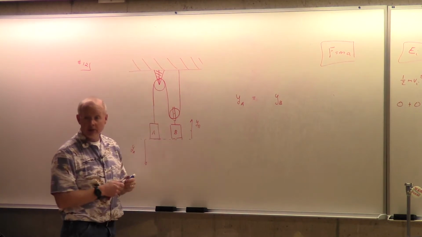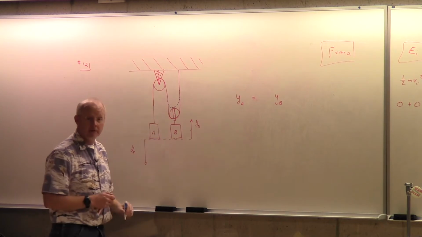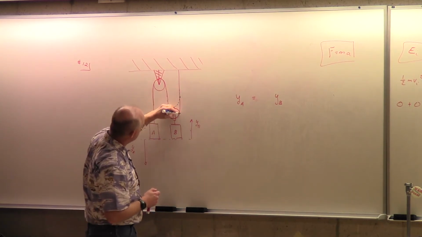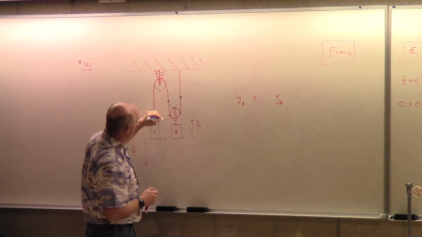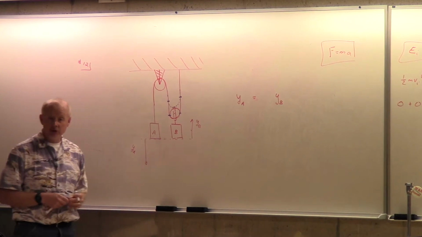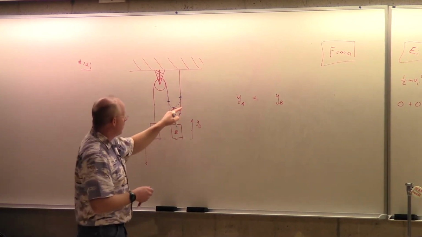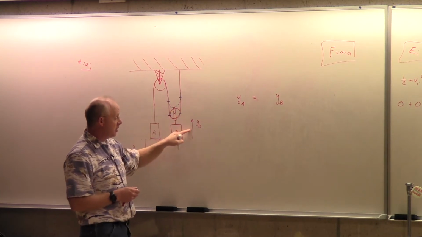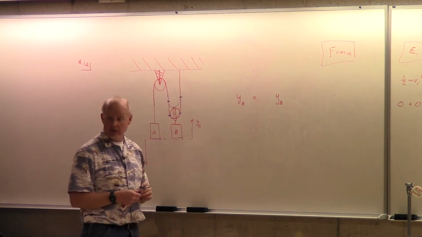It goes up, and so it does something like this instead, right? And so from here down to here, as well as from here down to there, that's that extra short distance. So if this went down 1 meter, then we must have a half a meter here and a half a meter here. So this one must go up half of what this one went down.